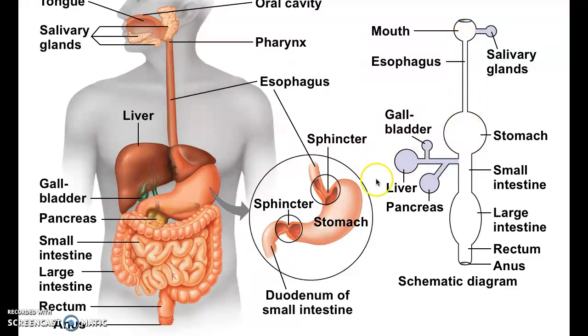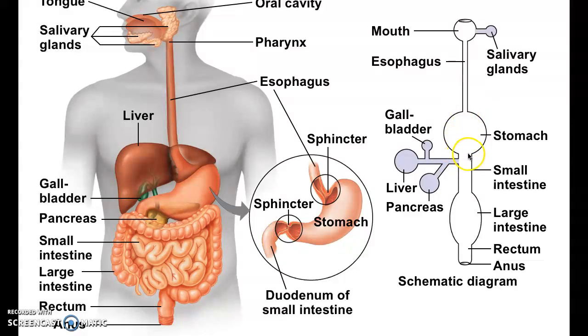There is a sphincter. Sphincters are just muscles that clench open and close. These are all involuntary so far. When it comes to voluntary, I'll tell you. Right here, you have one sphincter at the top of the stomach that makes sure that things don't come back up, mostly to make sure that the acid in the stomach doesn't burn the esophagus. That is the cardiac sphincter.